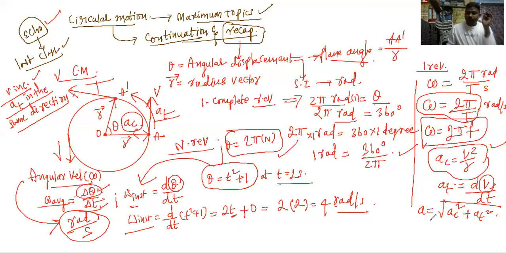All right. Now let's look at the next topic. Here itself, we have discussed angular acceleration. Angular velocity is done; angular acceleration is simple. Angular acceleration also will have two types.